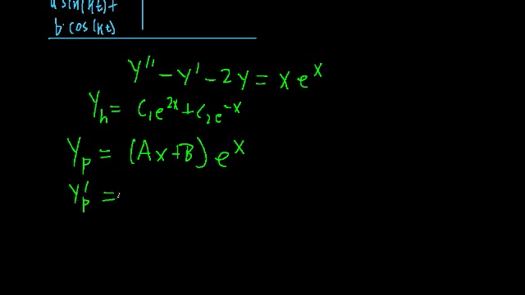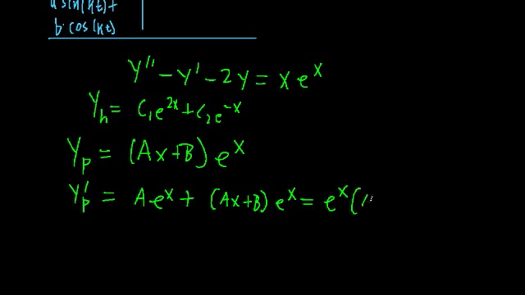So let's take some derivatives. Yp prime, that's just using the product rule, the derivative of the parentheses term, that's just a times e to the x, plus this parenthesis term, ax plus b, times the derivative of e to the x, which is just e to the x. And I'm just going to simplify this by factoring out an e to the x, so we get a plus ax plus b. Now let's take the second derivative, yp double prime.